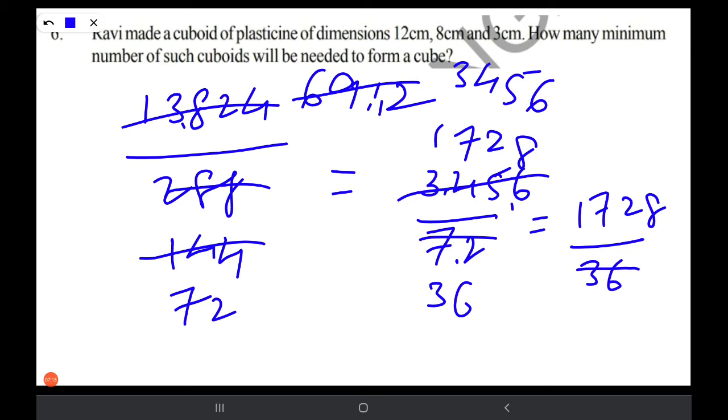Next, 2 sixes, 2 ones are 2, 2 eights, so 864 by 18.